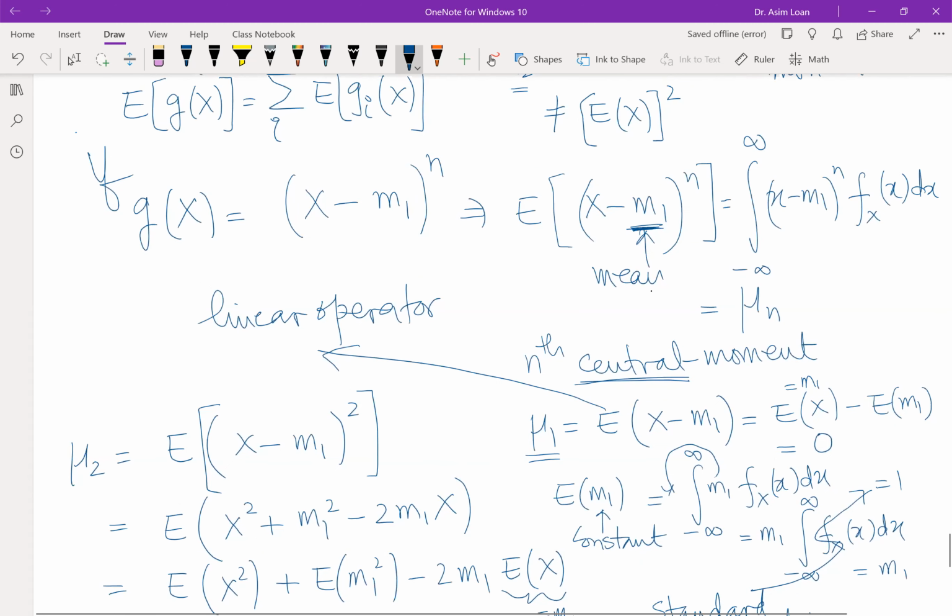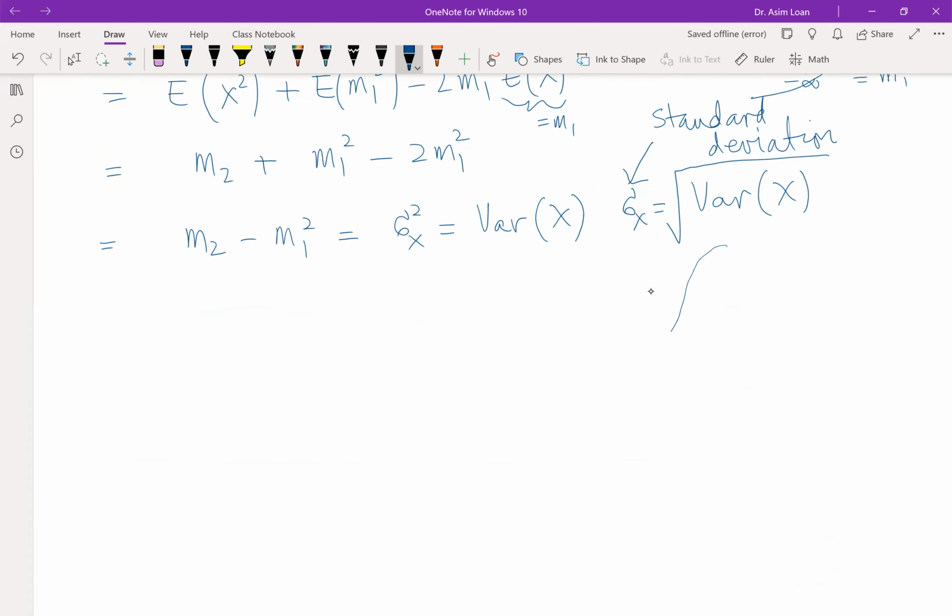If you recall the Gaussian case, this is the mean and this is the spread around the mean. So this is the mean and this is the standard deviation.